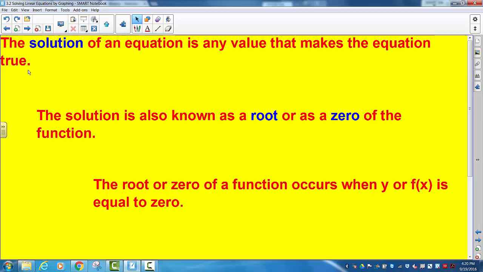The root or zero of a function occurs when y, or f of x, is equal to 0. What else occurs whenever y, or f of x, is equal to 0? Right, the x-intercept. The x-intercept occurs when y is 0. So, the x-intercept, the solution, the root, and the 0 are all the same thing.